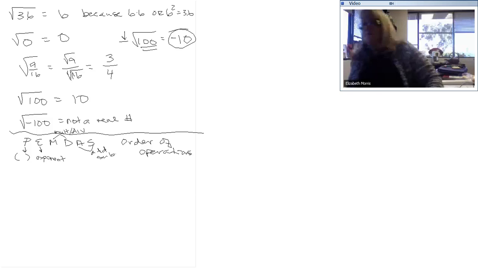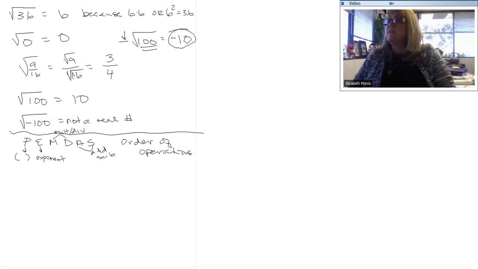Okay? Now, the trick here is the multiplication and division go together. So when you get to this part, it's all multiplication and division from left to right, and this part is all addition and subtraction from left to right. Now, let me explain to you what that means.